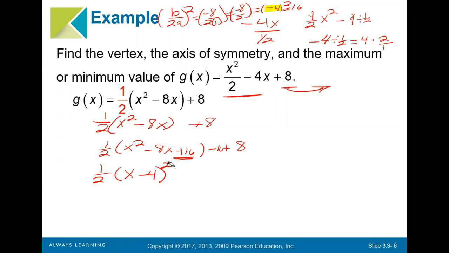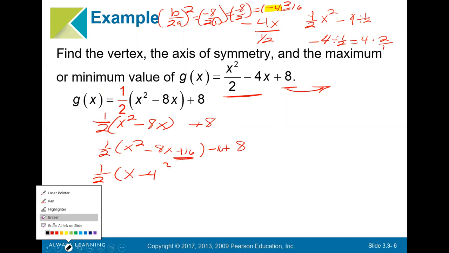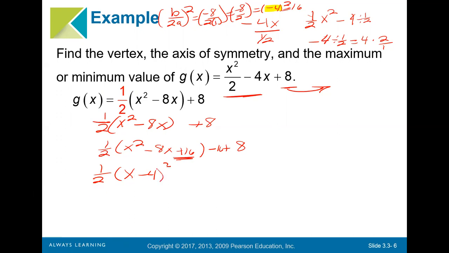Don't need to, because some of you will be like, how'd you get that? And my pen is just not back to right. There we go. So now I'm going to say, okay, this is where I get that. And then -16 plus 8 gives me -8. And this gives me this. So that's where I came up with that.